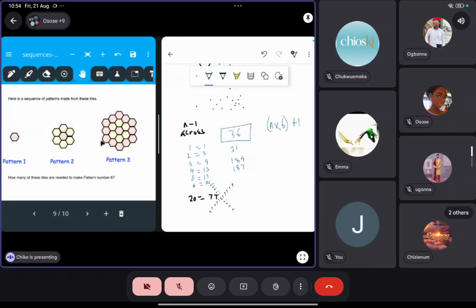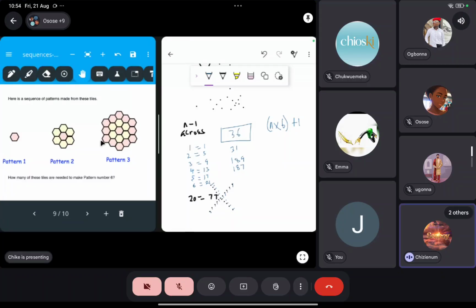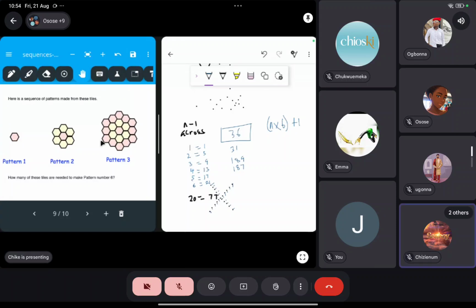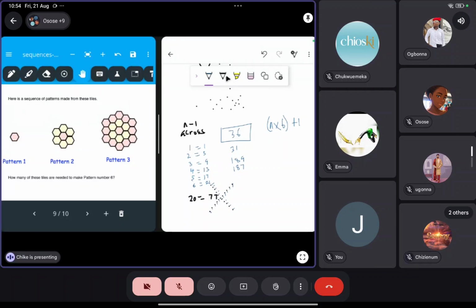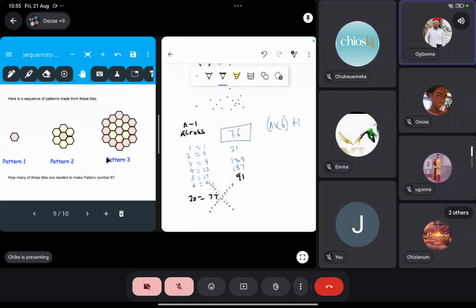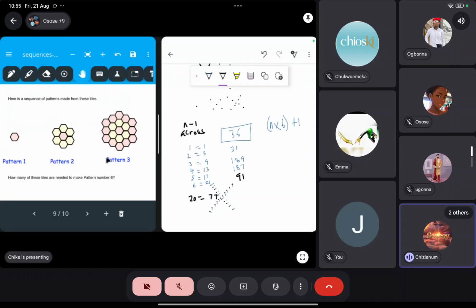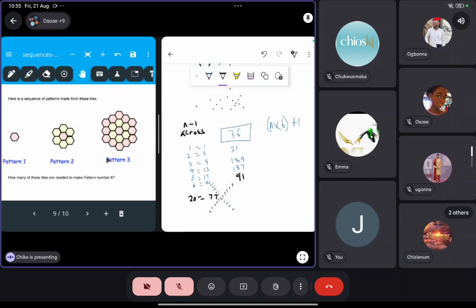So, yes, who else? What pattern did you see? 91. Yes. Okay, 91. How did you arrive at your pattern? The common difference is increasing by 6 as it goes on. Okay. If you continuously add it, you will reach 91. Okay.